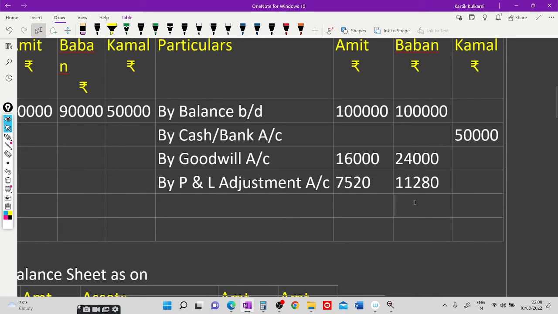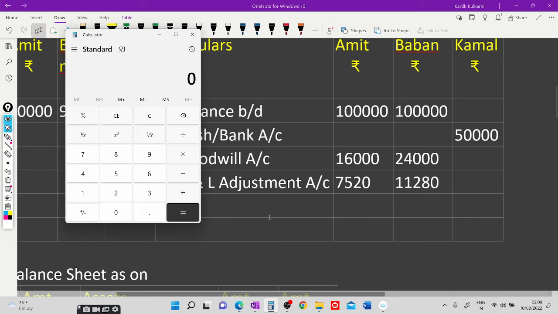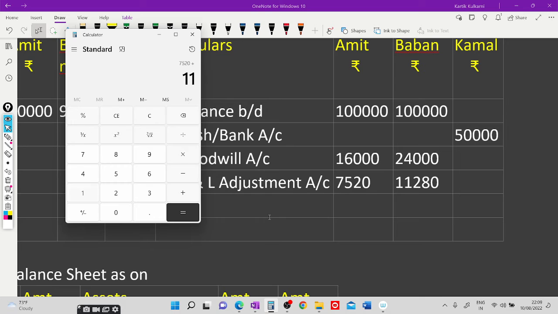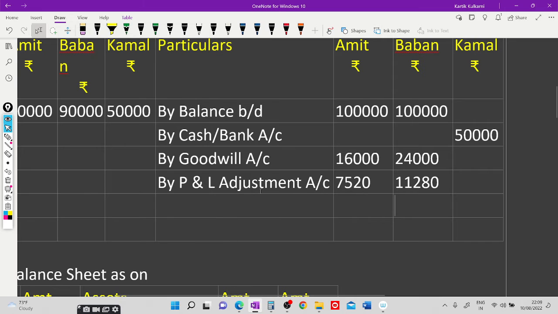So the total of both will be 18,800. Let's verify it once. 7,520 plus 11,280 is 18,800. This is the profit due to revaluation.